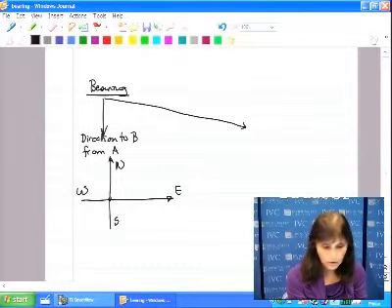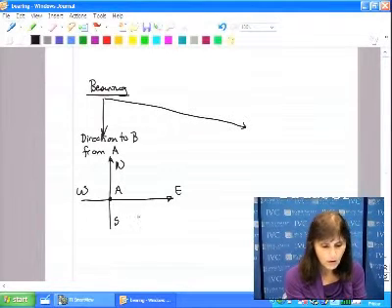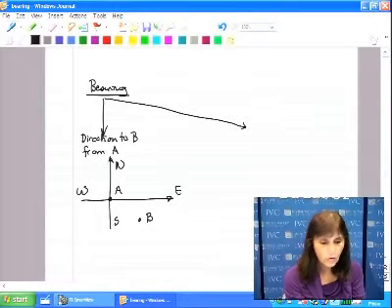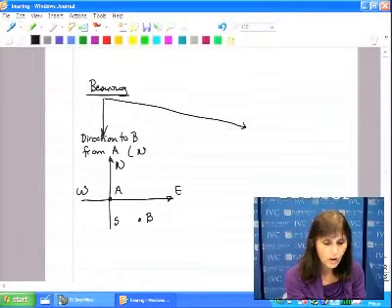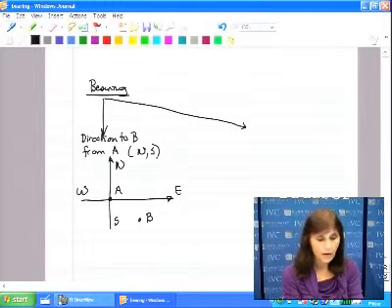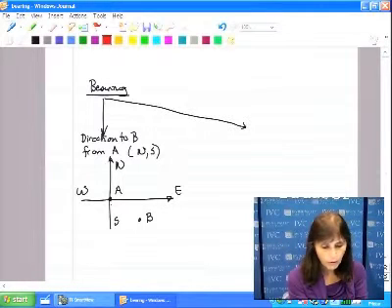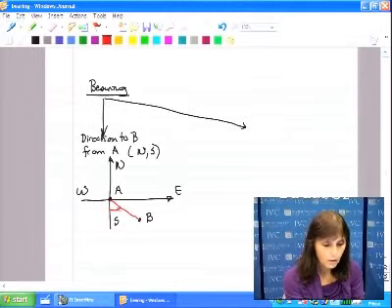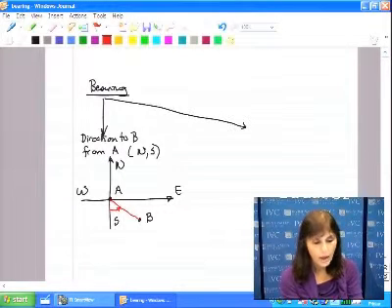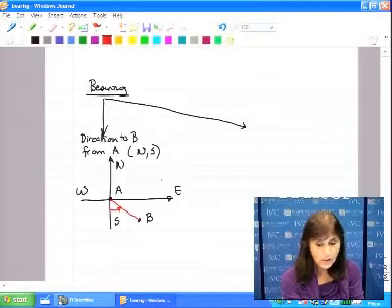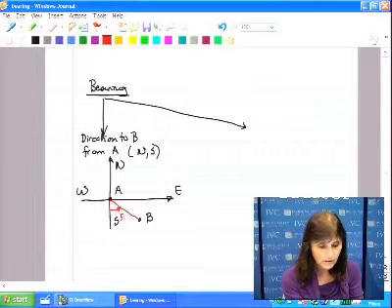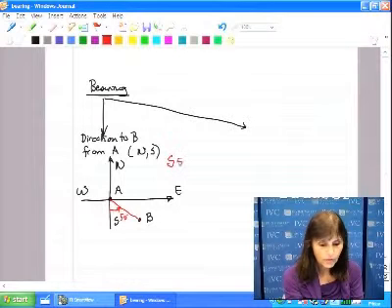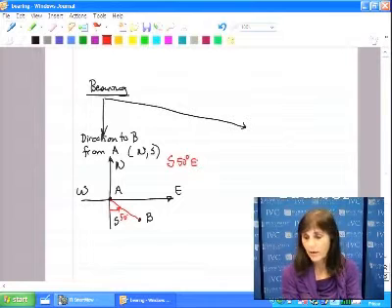You start with A, you end up with B, and you always define it starting from north or south. You go from A to B, and here's how much it went from the south. Let's say this is south 50 degrees, and I went towards east. That's one way.